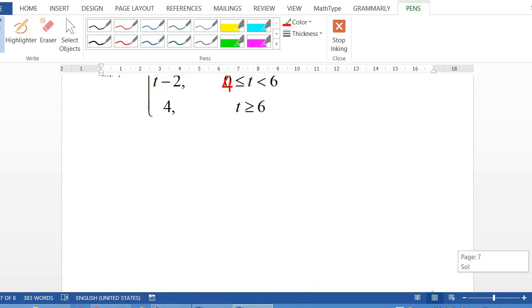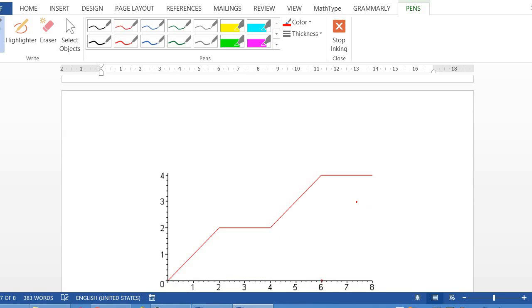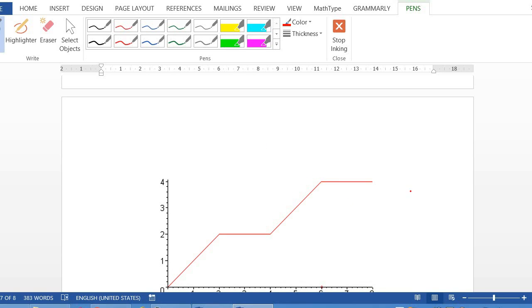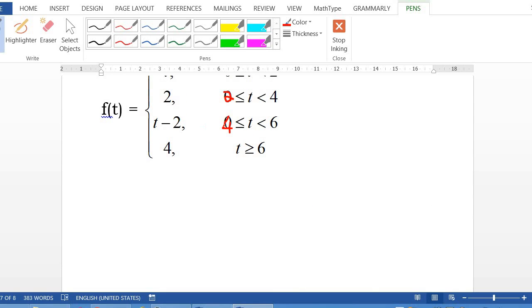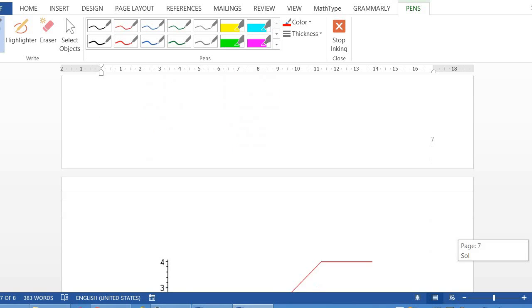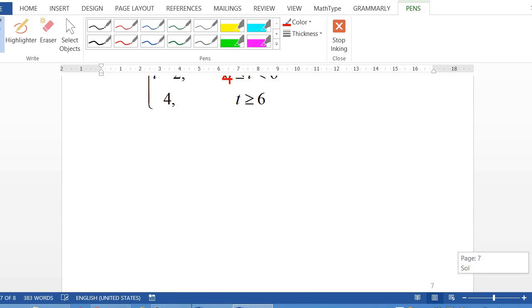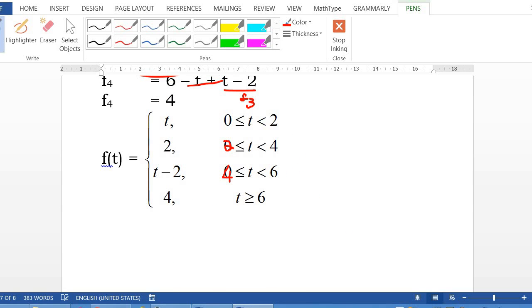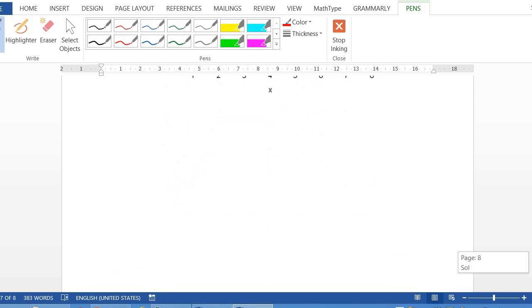When t is greater than or equal to 6, the function is 4. Then the third function is a linear function. You may substitute both endpoints. When t equal to 4, 4 minus 2, you have 2. When t equal to 6, 6 minus 2, the value of y is 4. So this is the graph.